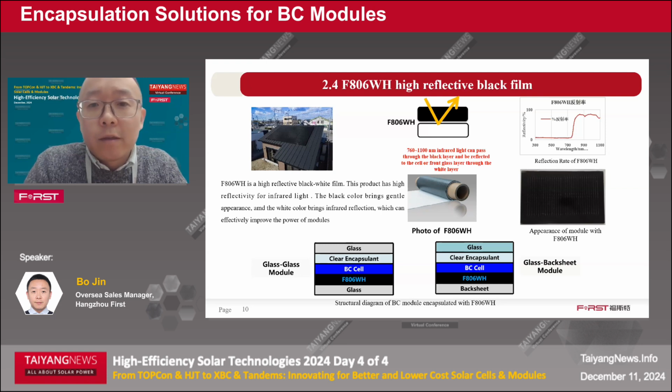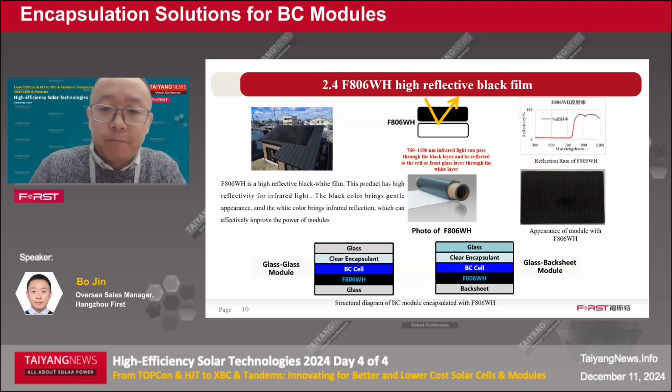So the white color film brings the reflection for the infrared light, and the light can be used for the BC cell. So you can see that this film can be applied for glass-to-glass BC modules as well as glass-backsheet BC modules.